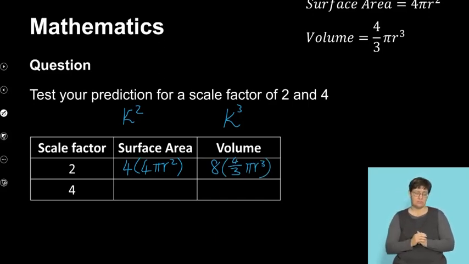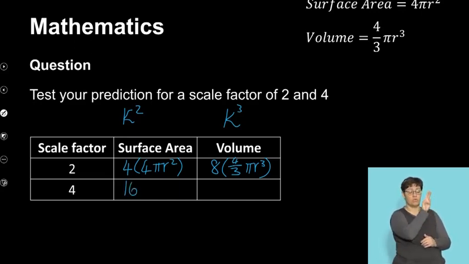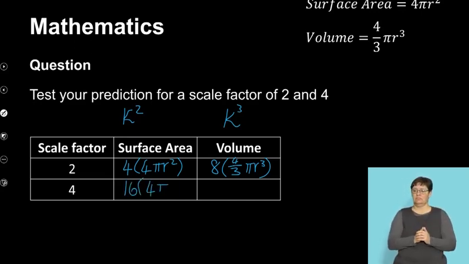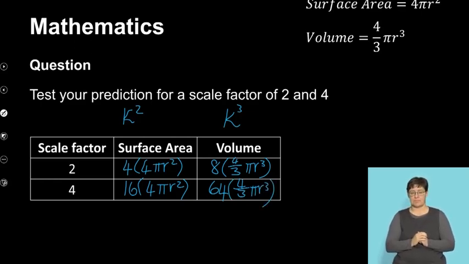Similarly, I'm going to see if my scale factor squared, so 4 squared is 16, multiplied by my old surface area is equal to my new surface area. I'm also going to investigate whether my scale factor cubed, and in this case it will be 64 because 4 cubed is 64, being multiplied by my volume is representative of my new volume.